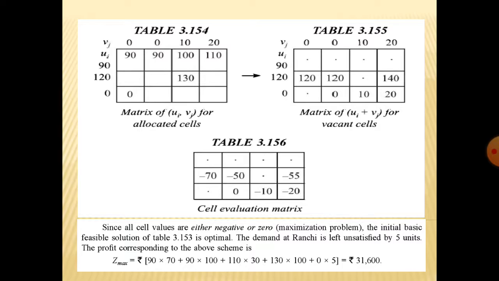Since all the cell values are negative or 0, the basic feasible solution table is optimal. The demand at Ranchi is left unsatisfied by 5 units. The profit corresponding to the solution, Z max, since it is a maximization transportation problem, Z is equal to 31,600.